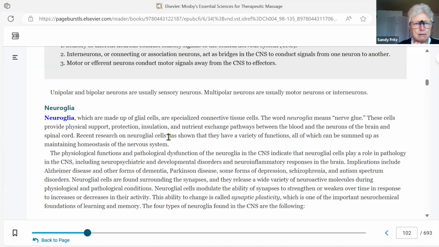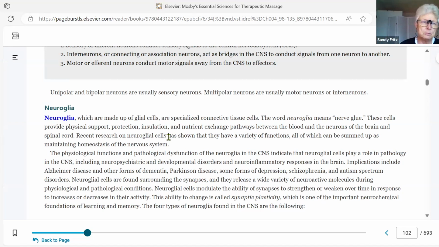They are involved in the healing of the nervous system. So while you probably won't be asked a question specifically about neuroglia on the NBLEX exam, it is becoming more to the forefront, just like the enteric part of the autonomic nervous system.